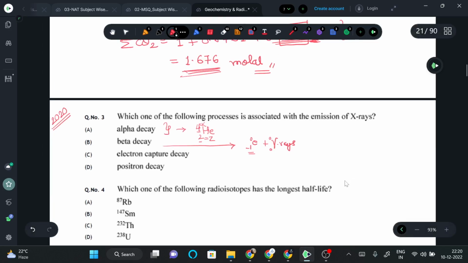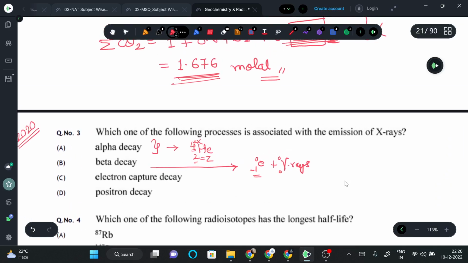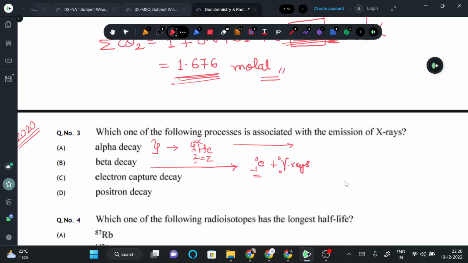So if I write it here, just so that you can solve other questions as well through it. In alpha decay, you have, let's say, and let's not represent it by X, let's represent it by A. Okay, the mass number. So here, let's say X, Z, and A you have.